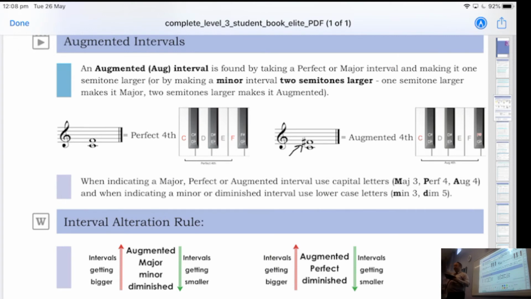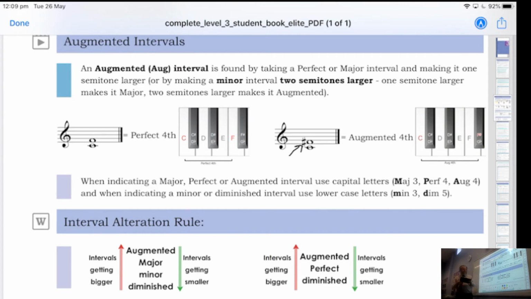Yes, because the F goes up to F sharp. And that is an augmented fourth. Anyone recognise that interval from our interval list? Yeah, what was that interval? Tritone.